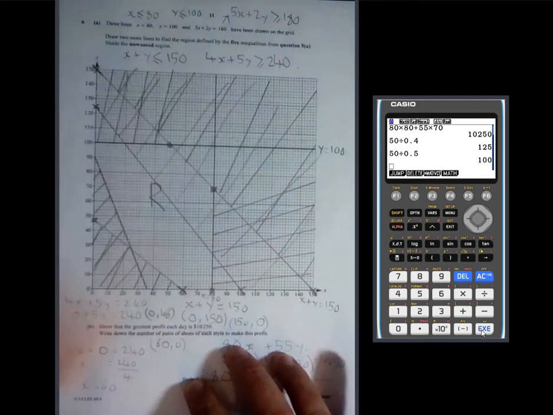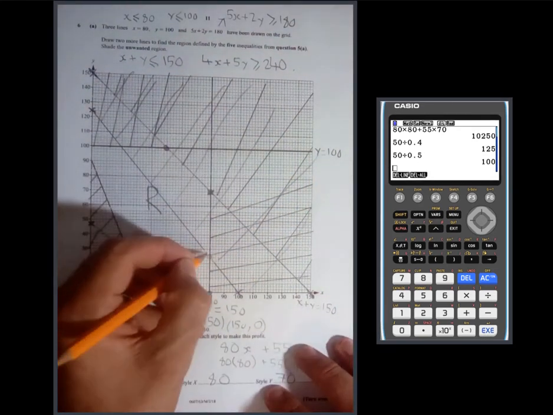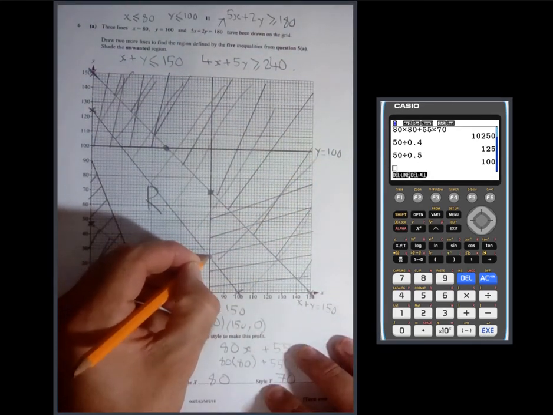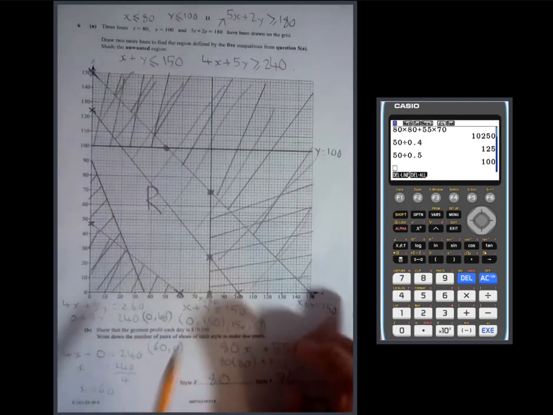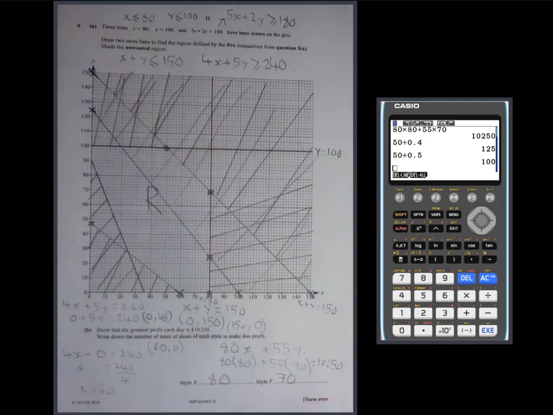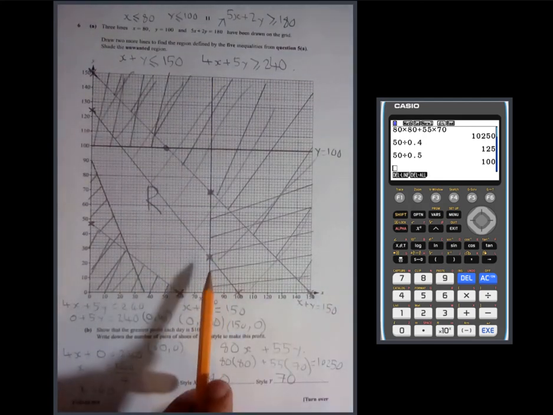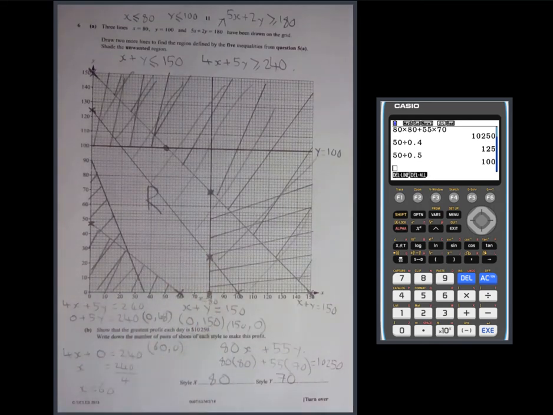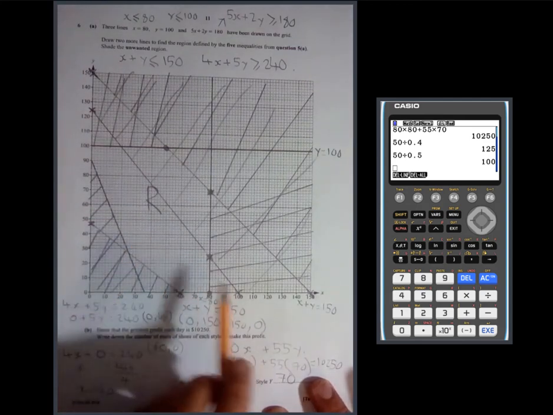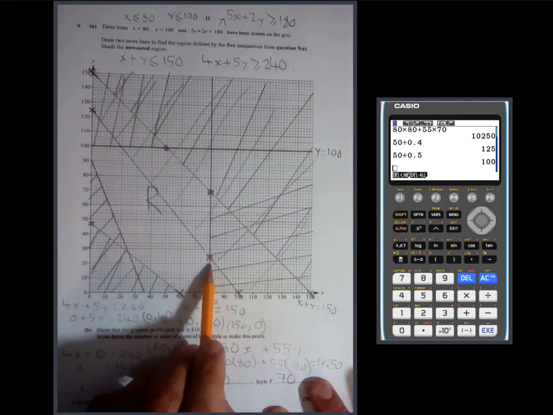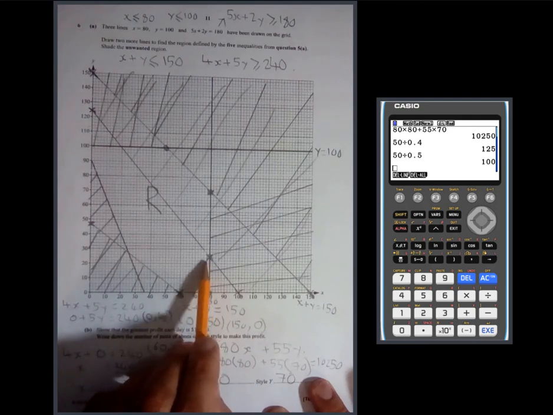Right, so now we've drawn the line. This point, which is quite hard to tell exactly where it is, is now going to be our value with the additional constraint that maximizes the profit. And it's not going to be as good as it was, as the question indicates. So we need to decide where this point is. Well, x is definitely 80. Looking at this, it goes up in 2s, so 2, 4.